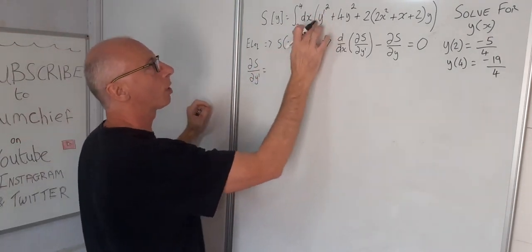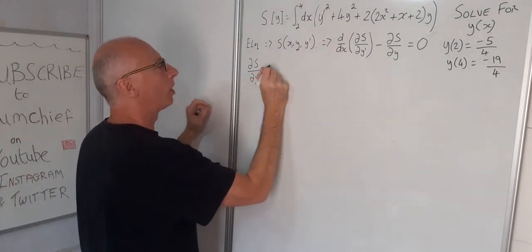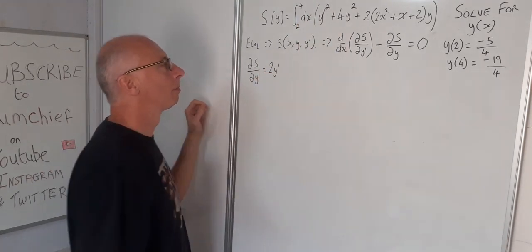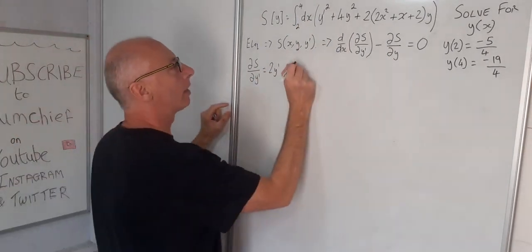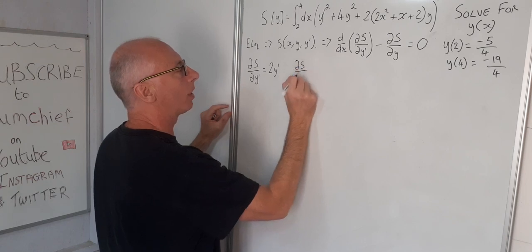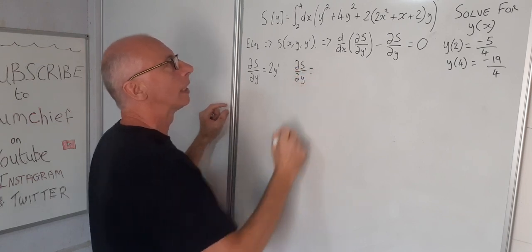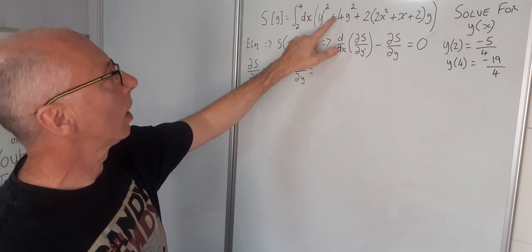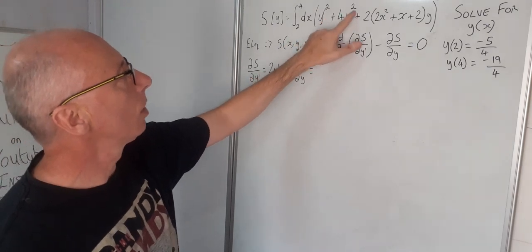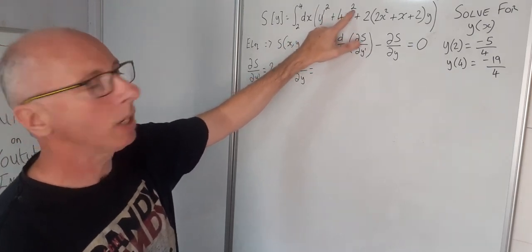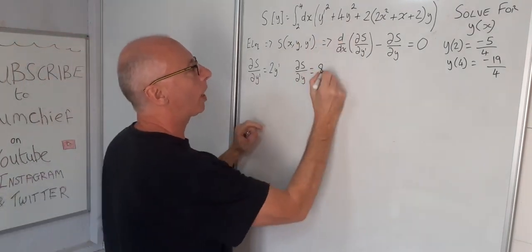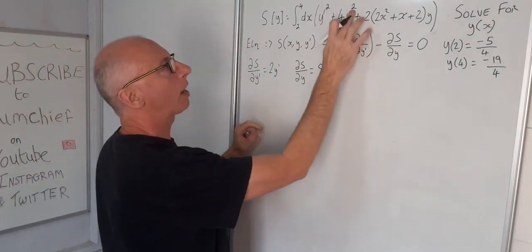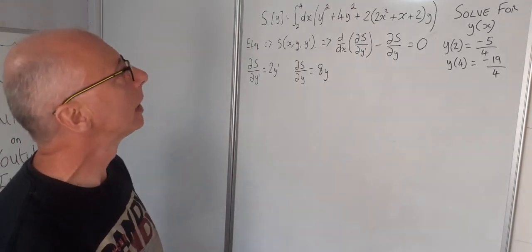So 2 comes to the front, reduce the power by 1, 2y prime. And then the partial with regards to y is going to be a little bit more involved. The y prime squared is not included. This one we can do. So multiply by the power, so that's 2 times 4 is 8, and then the y will stay, to the power of 1, obviously reducing the power.